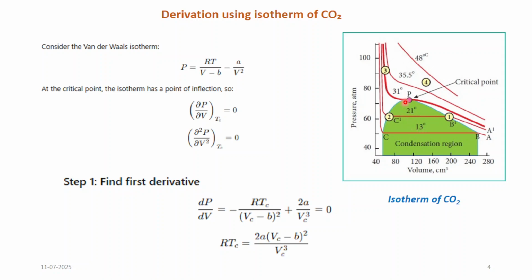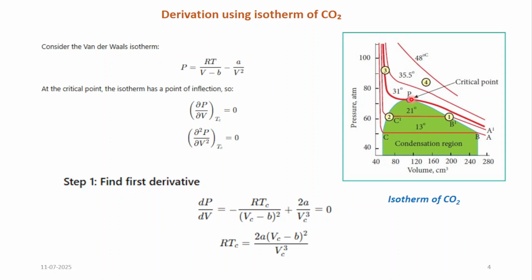At 31 degrees, which is the critical temperature of carbon dioxide, both gaseous and vapor phases coexist, and it is the maximum temperature above which you cannot find the liquid phase of carbon dioxide even if you increase the pressure. So this is the critical temperature.